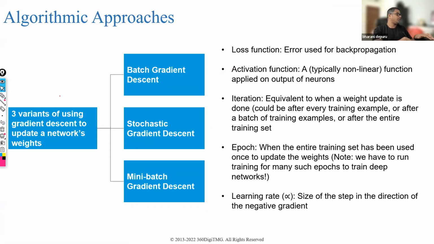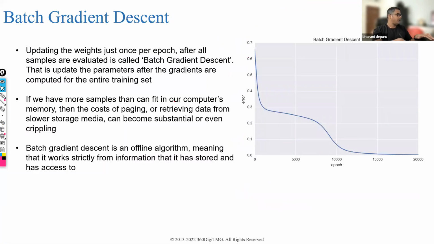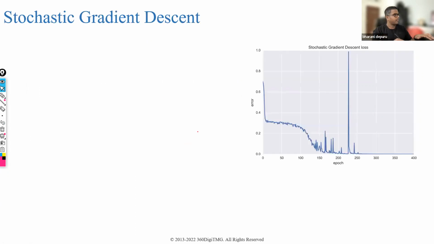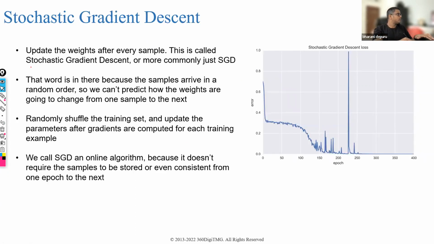We spoke about all these things, right? And we understood batch gradient descent. Batch gradient descent is also called an offline algorithm. Just remember that. Then you have stochastic gradient descent, SGD. You randomly shuffle, and this is called an online algorithm because immediately you are updating online.